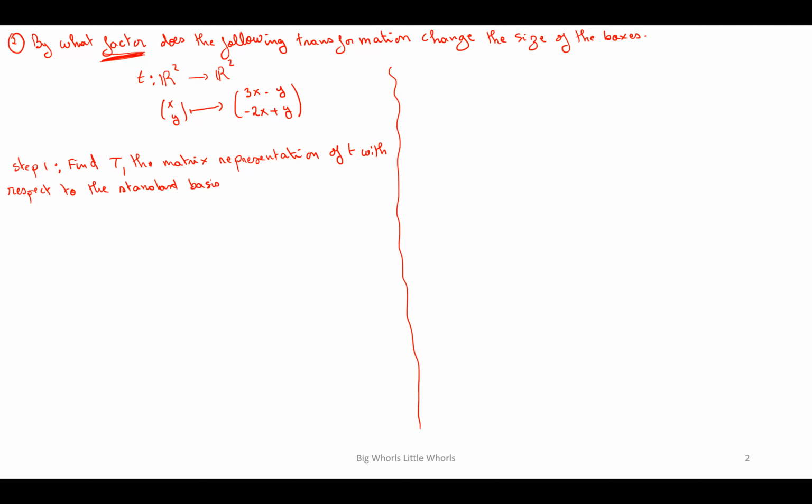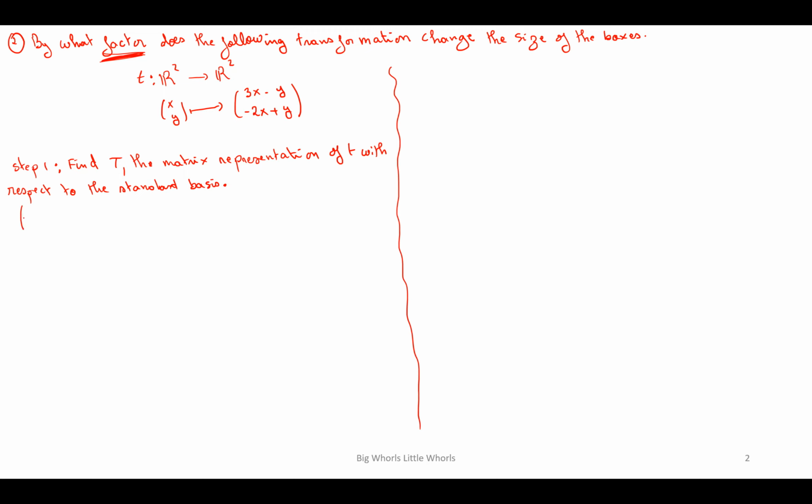From the previous chapter, we know how to represent a matrix. First of all, what we need to do is to see where this transformation sends the basis vectors to.